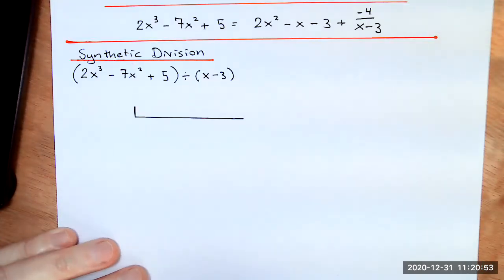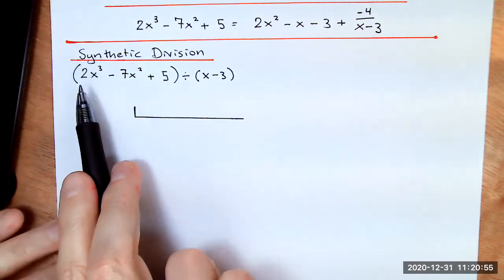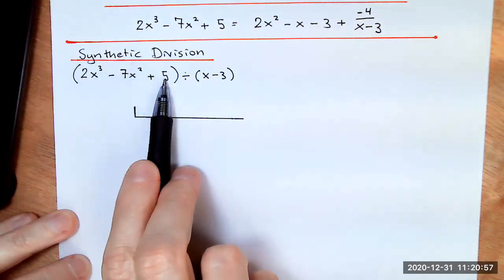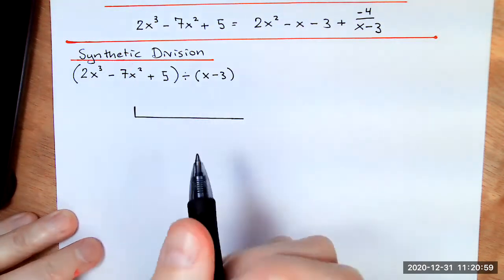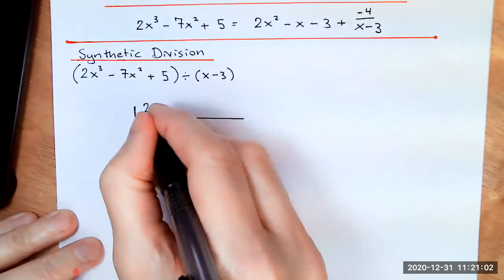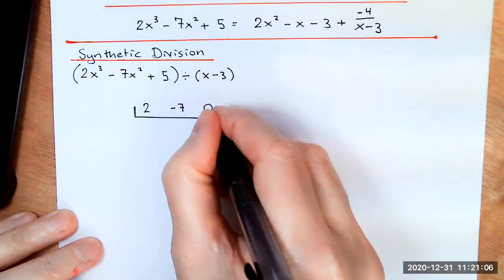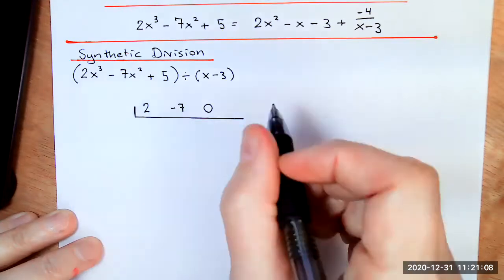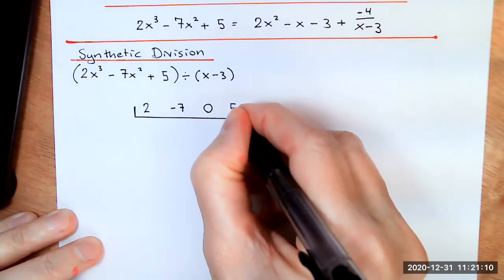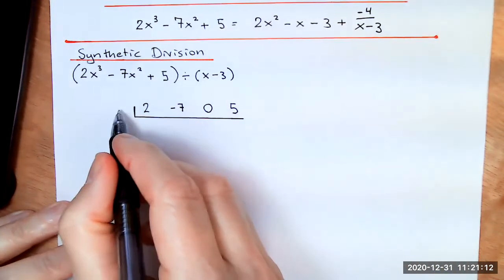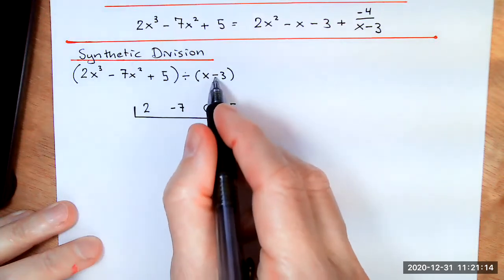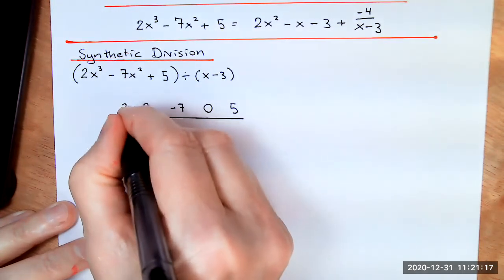All right, so for synthetic division, we're just going to write the coefficients of this problem. And here we got 2, negative 7, and the 0 for the x term, and 5. And then here, we're not going to put the negative 3, we put positive 3.